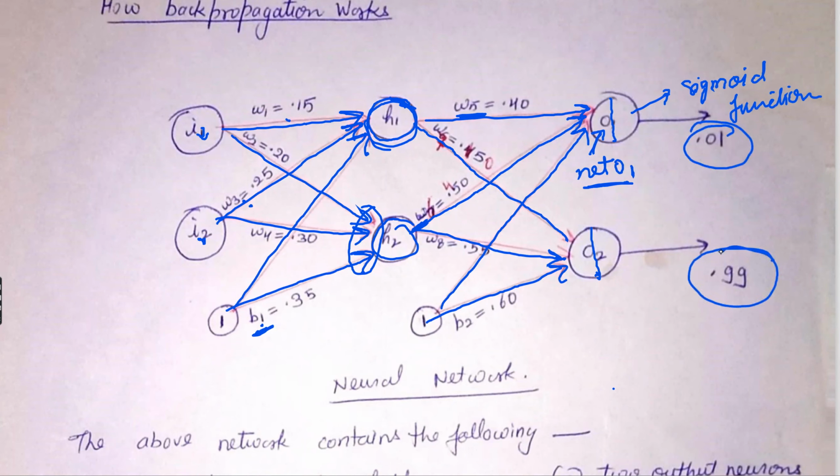After this feed forward method up to here, the output of O1 and O2 is not similar to our target output. So what is the gap and what is the error? Error is the gap between the actual output that we have calculated and the target output.